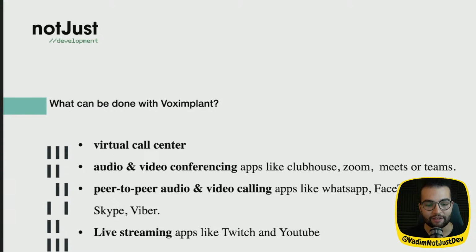And this is the use case that we are going to build today. It's going to be a peer-to-peer communication between two users, and I'm going to speak more about the advantages of this later in the video. And also you can build live streaming applications like Twitch, YouTube. It's pretty versatile and flexible.